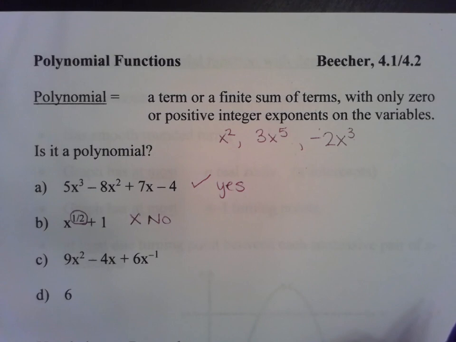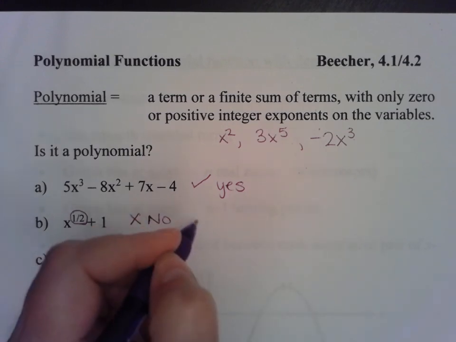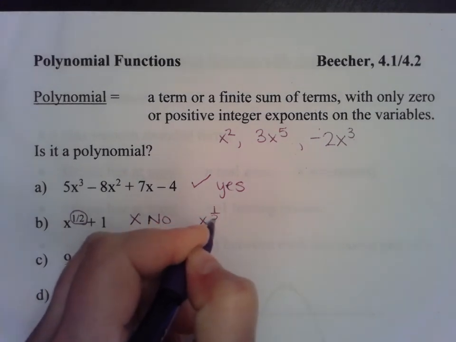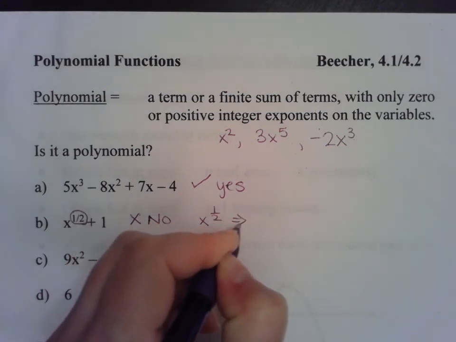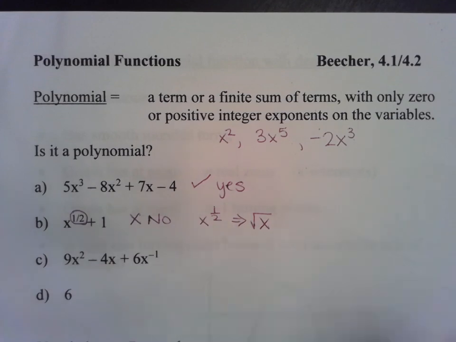Okay, and an exponent of 1/2 is the same as a square root. So if I'm not allowed to have a fraction exponent, that means I can also not have any square roots or cube roots or any kind of root to be a polynomial.